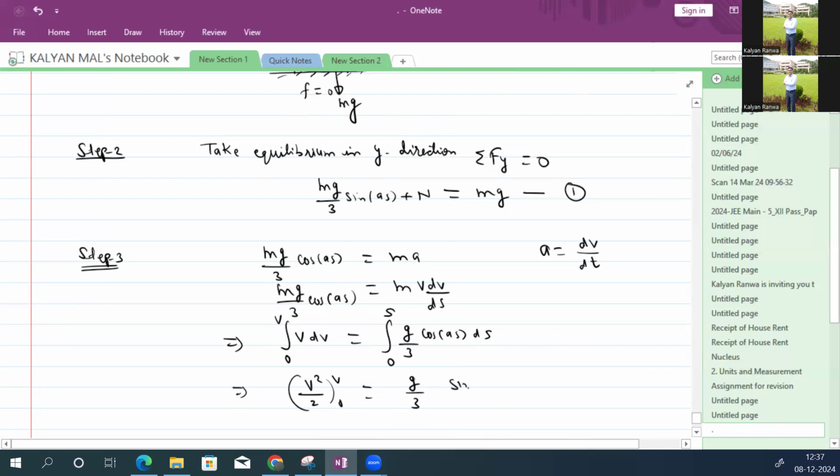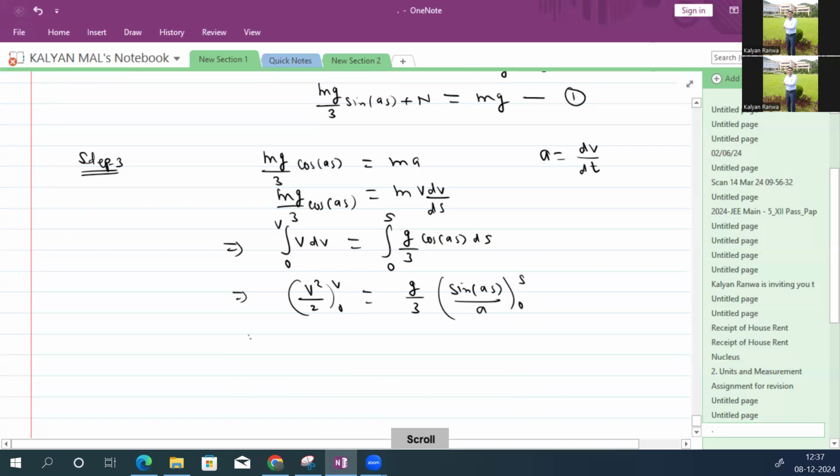The integration of cos ax will be sin ax divided by a, from 0 to s. Now substituting the values, upper limit minus lower limit: g by 3 times a, and for the upper limit s this becomes sin as, and putting the lower limit 0, this is going to be 0.